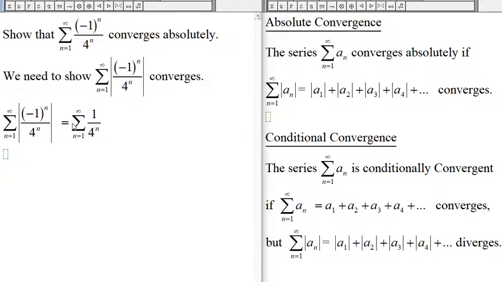And then this series right here, we can rewrite it as 1 over 4 to the n.